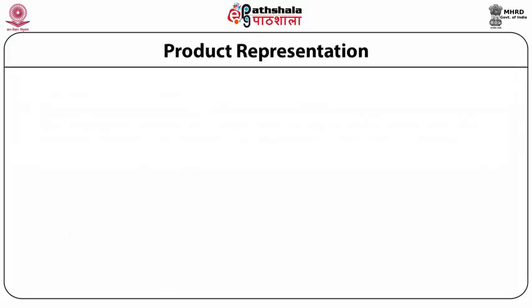Therefore, from this expression of character, it implies that the direct product representation d j1 j2 of alpha, defined as d j1 alpha into d j2 alpha, can be resolved into a sum of irreducible representations dj alpha, where the sum runs for all values of j from j1 minus j2 to j1 plus j2.